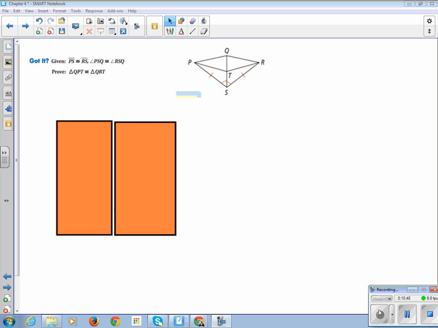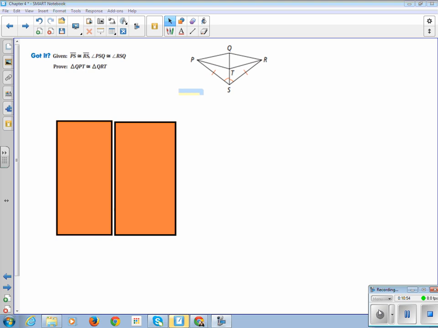All right, so let's look at this problem here. We are given that PS is congruent to RS and that angle PSQ is congruent to RSQ. Those are marked on our diagram here. We want to prove triangle QPT is congruent to QRT.